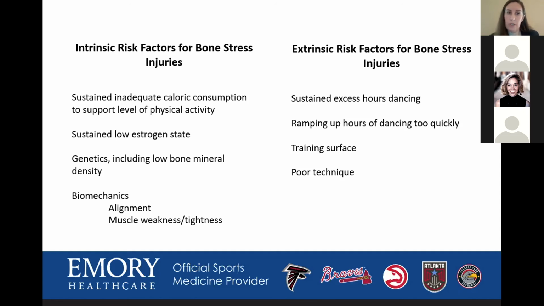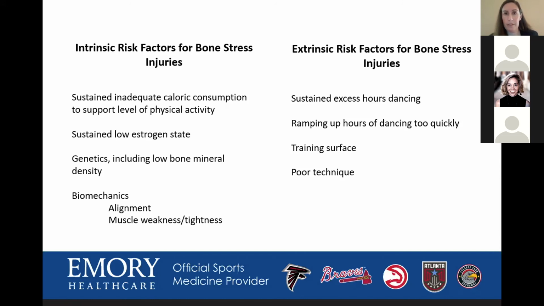We try to take into account and understand all of these to see which ones are playing into each dancer's specific injury. Regarding intrinsic risk factors, these are things intrinsic to the athlete: biomechanics, sometimes alignment, muscle weaknesses, tightness, and sometimes limb length can contribute. Sometimes there's a genetic contribution with low bone mineral density, or a family history of osteoporosis. We also know that there are physiologic states that predispose to bone stress injuries.